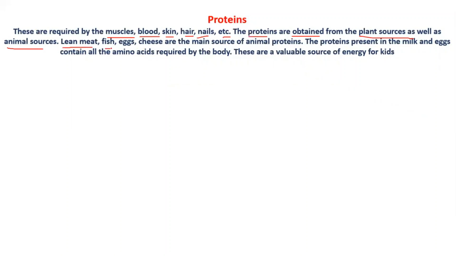Lean meat, fish, eggs and cheese are the main sources of animal protein. The proteins present in milk and eggs contain all the amino acids which are required by the body.